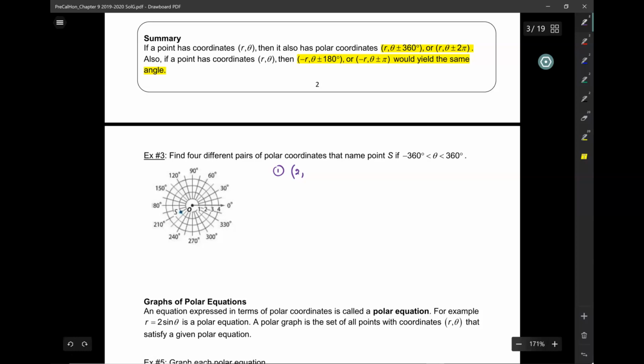And what's the angle? 210. Okay. So next, what I can do is I can change it to negative r. And, okay, can I add 180? If I add 180, what do I get? But that's bigger than 360, so I can't do that. But I can subtract 180. And I get negative 2, 30.